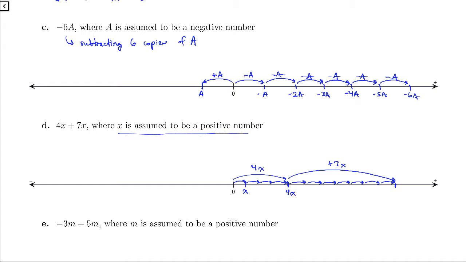Well, if this is x, there's 2 x's, 3 x's, 4 x's, 5 x's, 6 x's, and so on. This is going to give me 11 x's. So this should make sense. I have 4 x's plus 7 x's gives you 11 x's.